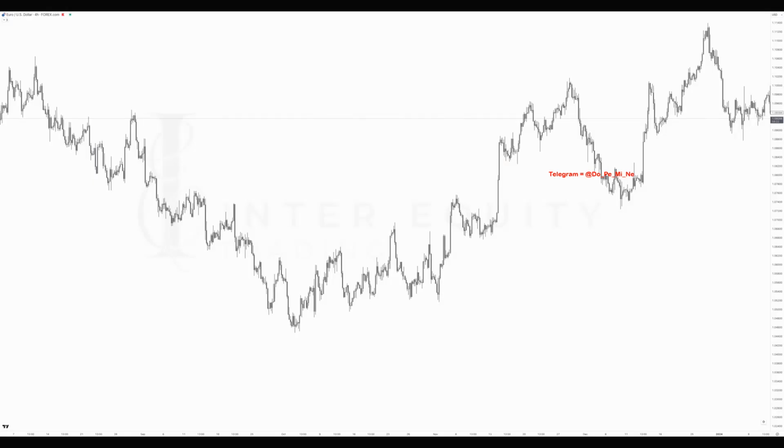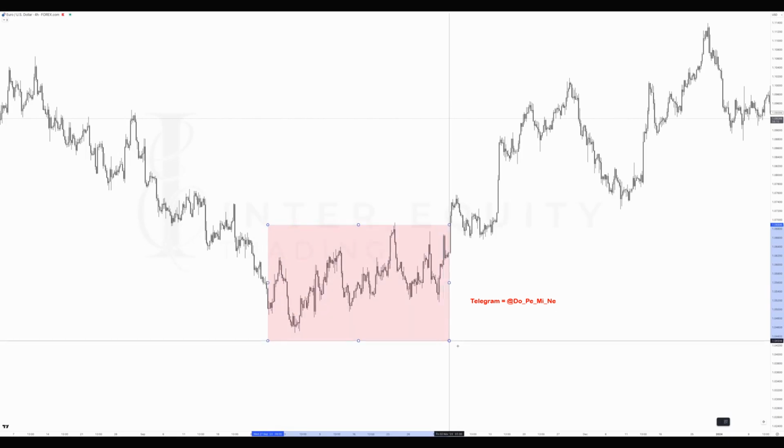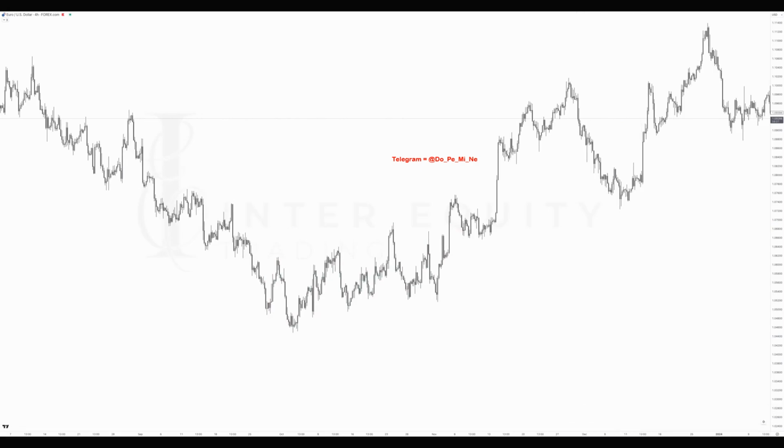All right, so going into the different phases of the market, number one being the bullish market, this is a great example of it. Some people might look at this as a consolidation, but I don't look at that as a consolidation. The market is actually printing higher highs and higher lows. The way we know the market is bullish is by its higher highs and higher lows, which is indicated right here.